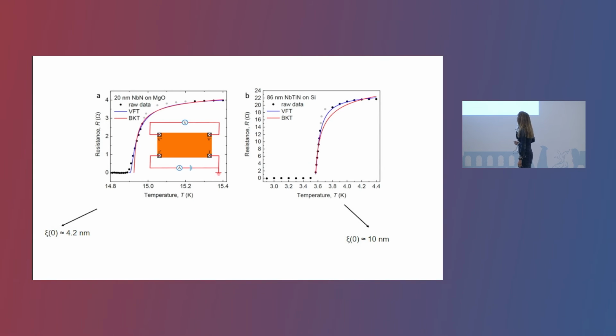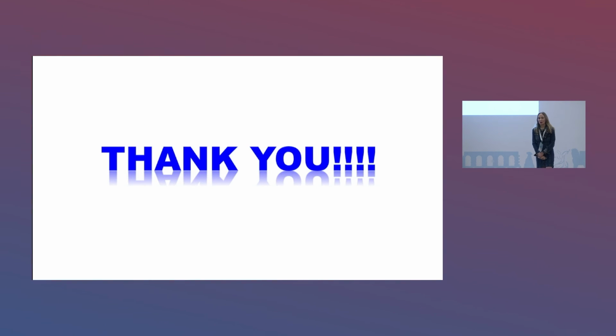As you can see, we have plotted in red the BKT scaling, and in blue the Vogel-Fulcher-Tammann scaling, the same here. What you can see clearly is that the more the system becomes thicker and three-dimensional, the better the Vogel-Fulcher-Tammann scaling describes the experimental results. And thank you for your attention.